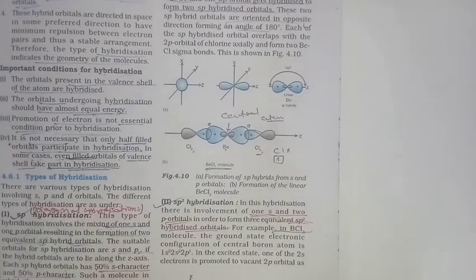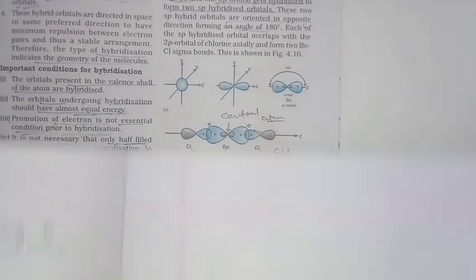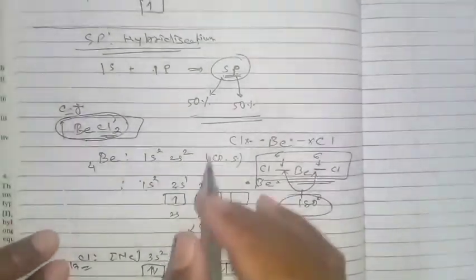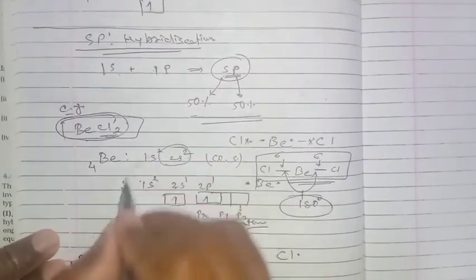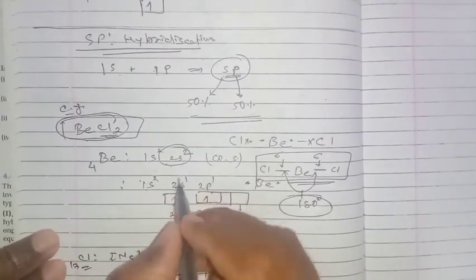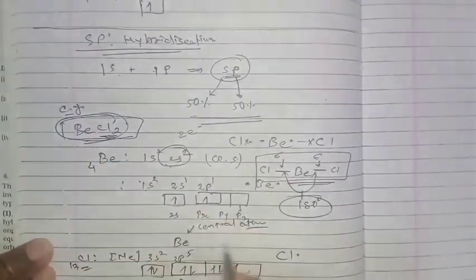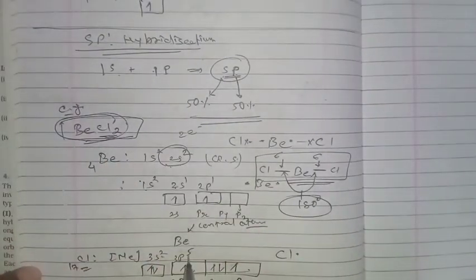Now the second easiest method to find which type of hybridization takes place in BeCl2. Beryllium has electronic configuration 2, 2, so in the outermost shell there are 2 electrons, and in chlorine there are 7 electrons.